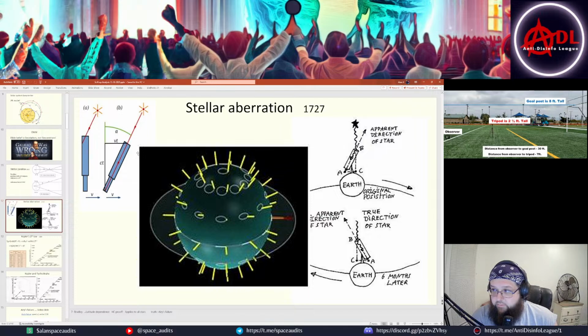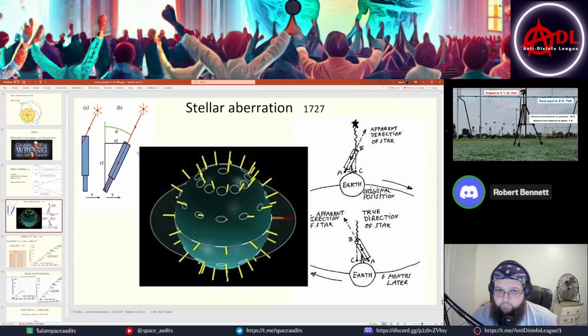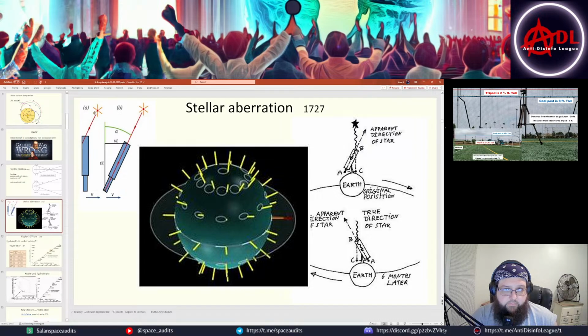I think I described that by saying in the upper left, you have the need to tilt the telescope no matter where you are on Earth. You never look at a star directly.